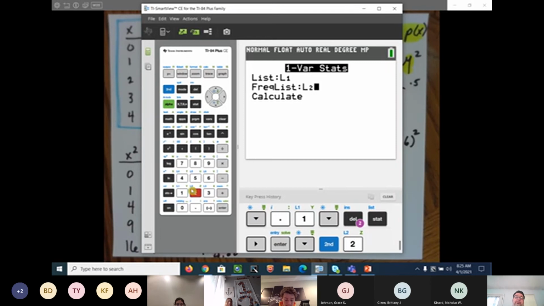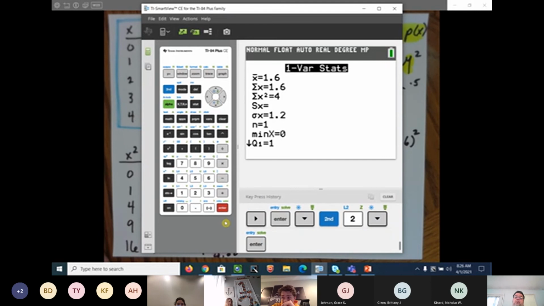What's in blue above the 2? L2, which is your second column. And hit Calculate. Now, somebody tell me what the calculator gives us. It gives us 2 out of the 3 questions. Somebody tell me what it gives you.